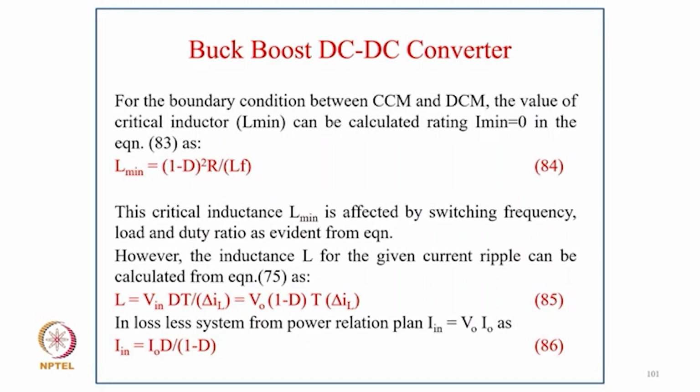Imin is equal to 0. So Lmin equal to (1 minus D) squared R upon 2f. This critical inductance is affected by switching frequency, load, and duty cycle, as evident from this equation.